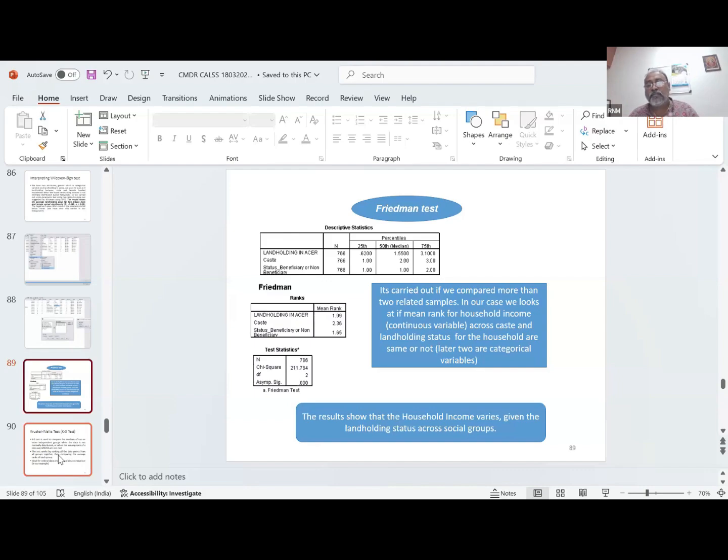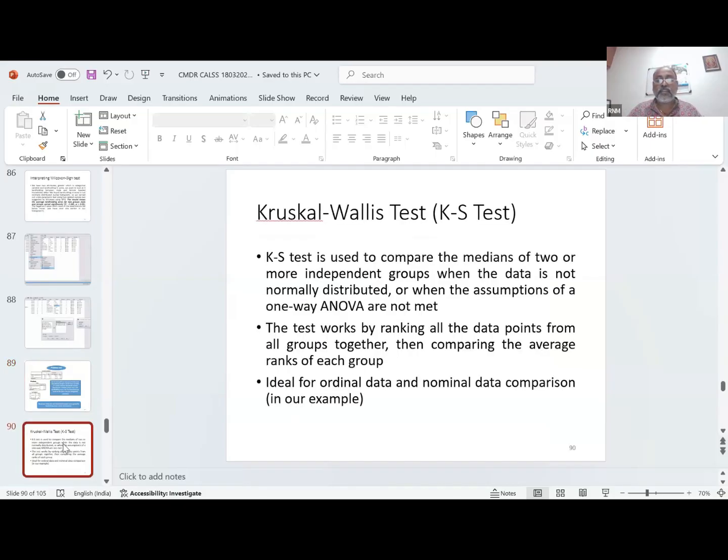Still, I can manage, but if I add one more attribute, then it becomes a disaster. So even if the Friedman test allows more than two related samples to be compared at the same time, more than two means that has to be done very rationally. You have to select the groups and find out that it has been done properly.